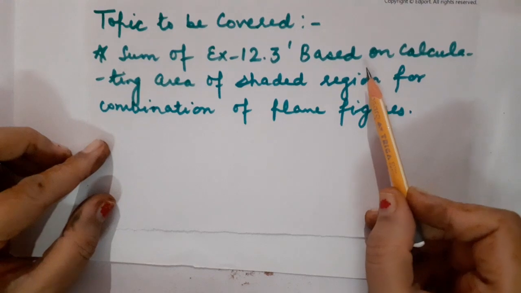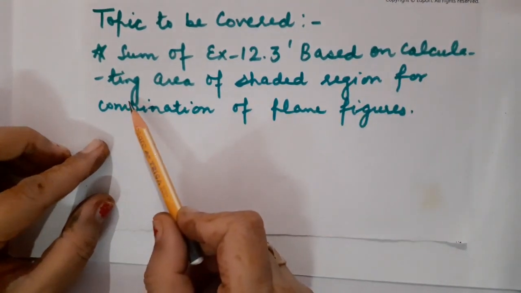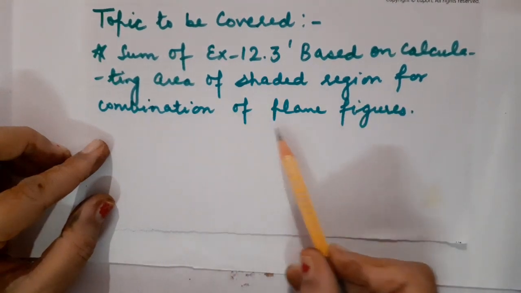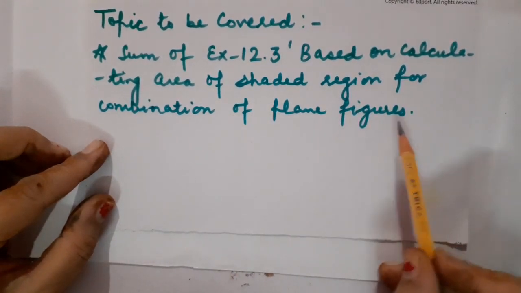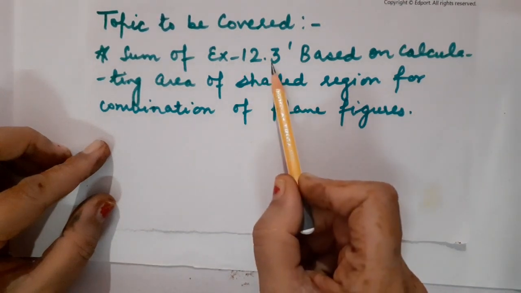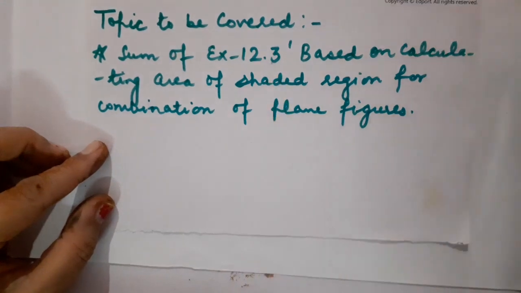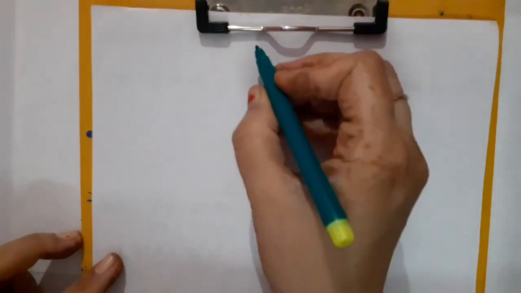Yesterday also it was told that it is based on calculating the area of either the shaded or the unshaded region for the combination of plane figures. Means in this exercise we will be dealing with the area of the combination of plane figures. Clear, children?